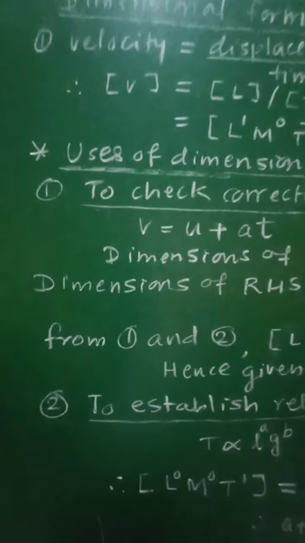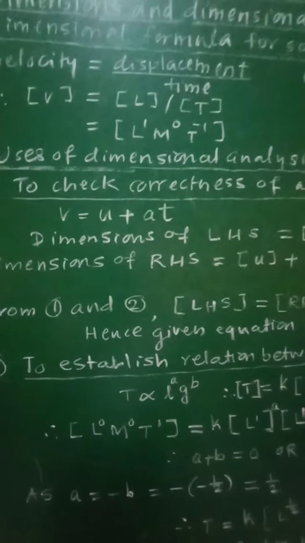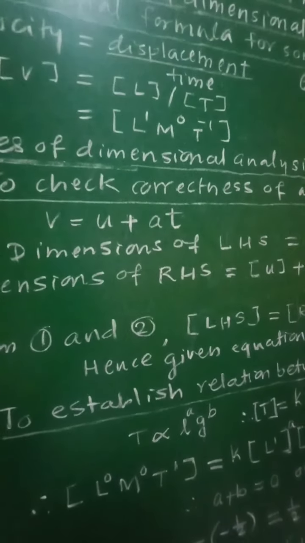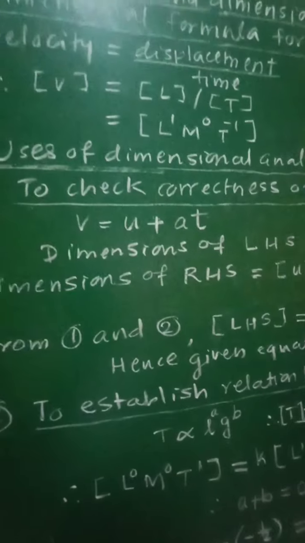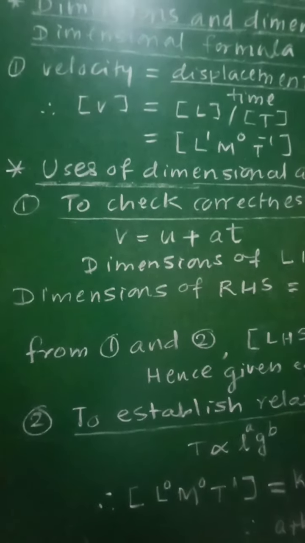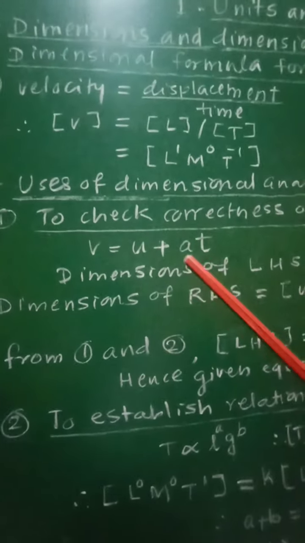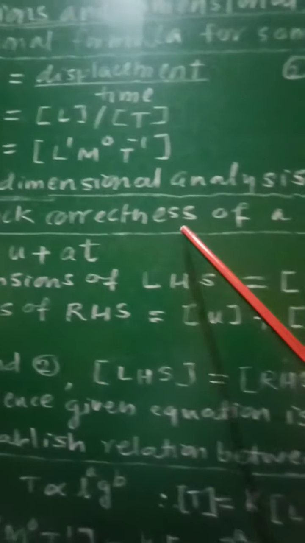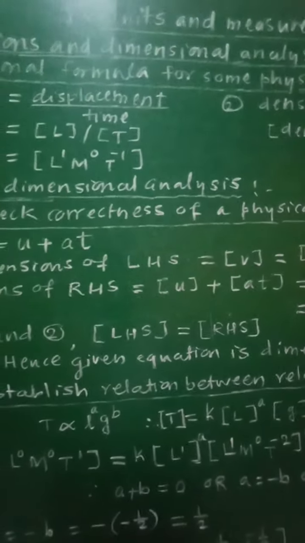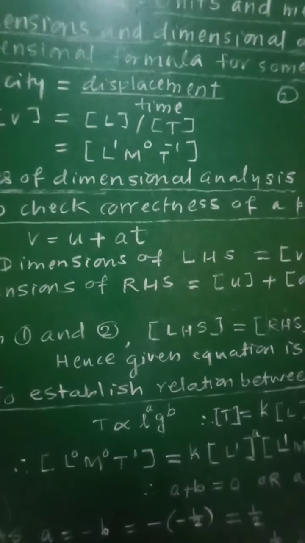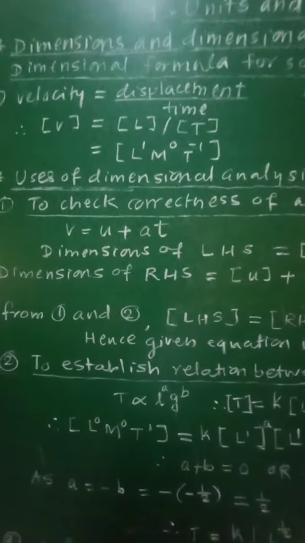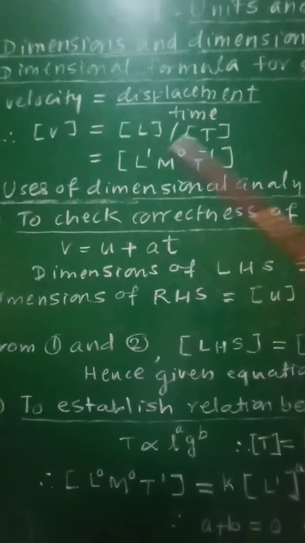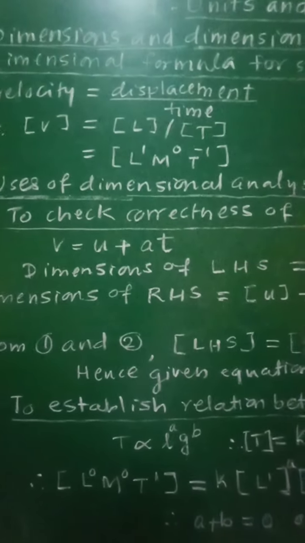Now, what are the uses of dimensional analysis? If you consider dimensional analysis, what are its uses? The very first use is to check the correctness of a physical equation. Whether a given equation is physically correct or not can be checked with the help of dimensional analysis.